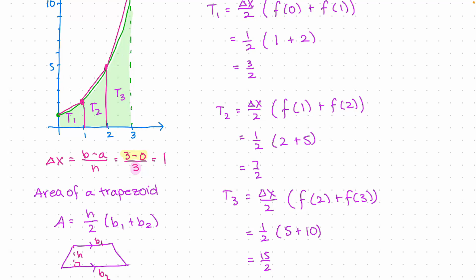Anybody have an answer for T2? Grace. Perfect. Excellent. 7/2 it is. And T3? Carly. 15/2 it is. There's the work right there. Any questions there? And then, all we have to do is add them up, and we got it.